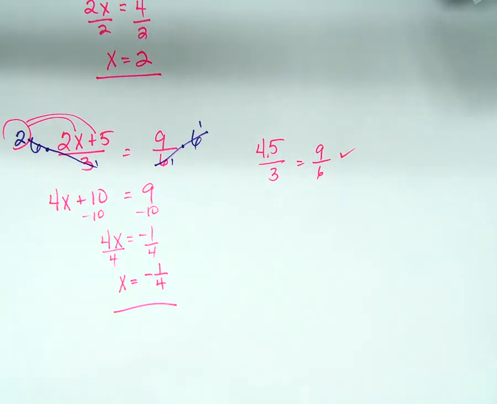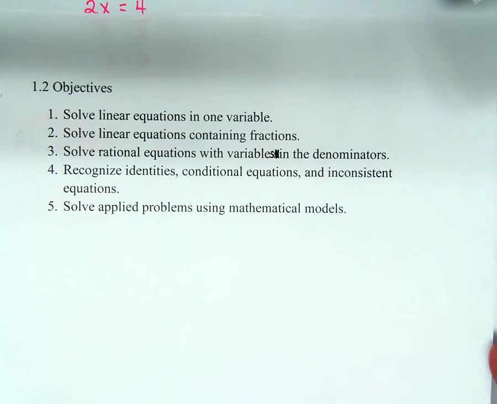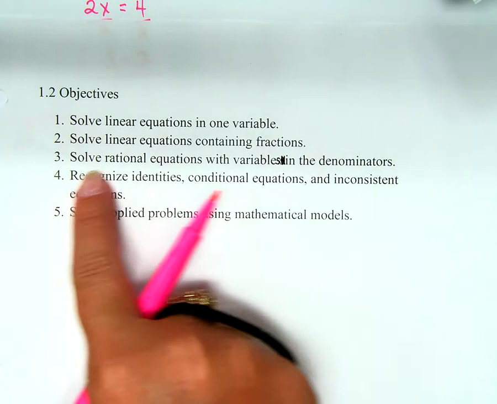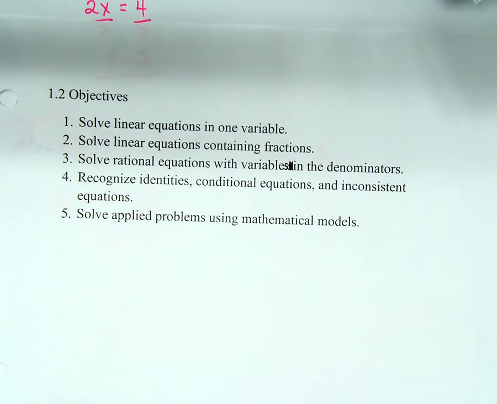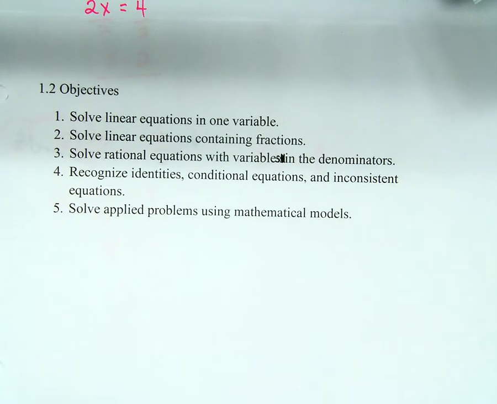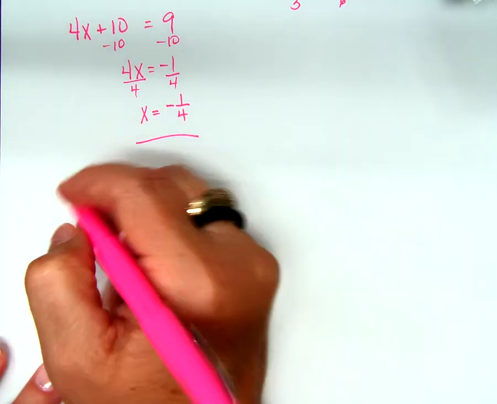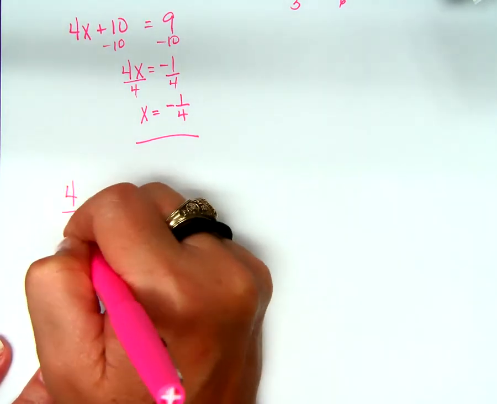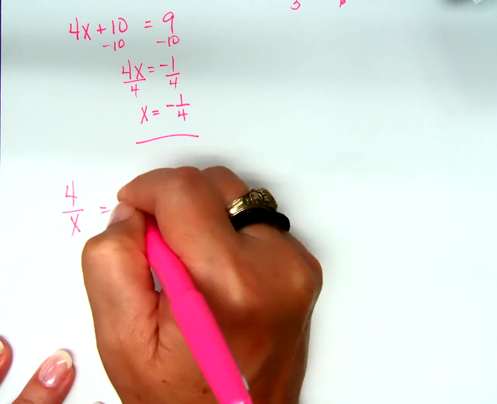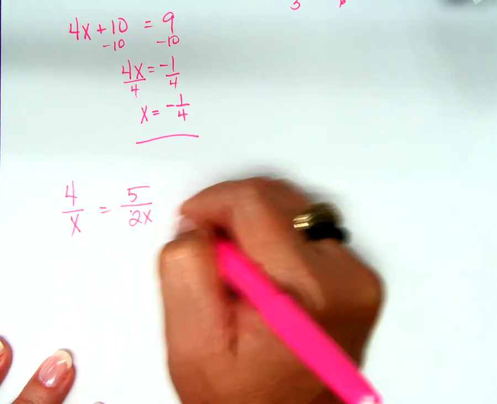Alright, there was some vocabulary in the objectives that I don't think we've talked about before. Solving rational equations with variables in the denominators. We need to do some of those, don't we? Okay, then we'll get to the vocabulary that you don't know yet. 4 over x equals 5 over 2x plus 3.